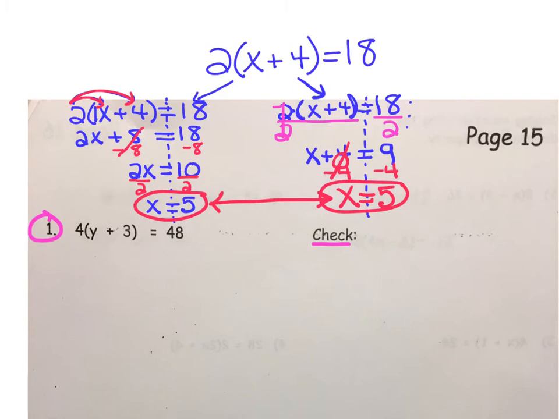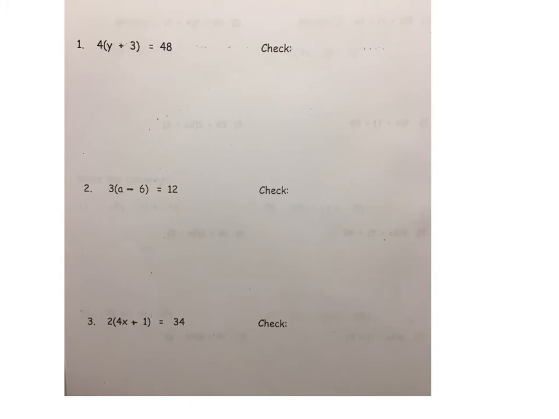Let's use the second technique to solve the equations we've been given on page 15. Drop a dotted line down each equal sign in each equation. Now let's begin. We can see that 4 is one of the factors multiplied against the second factor, y plus 3, gives you 48. What we can do is divide both sides by 4 to eliminate the factor of 4.